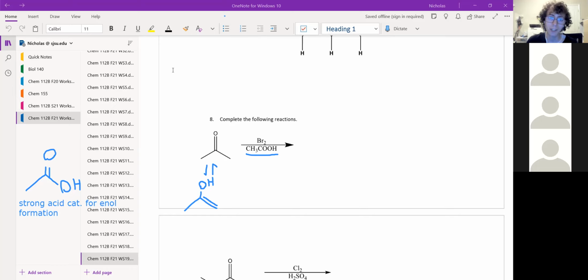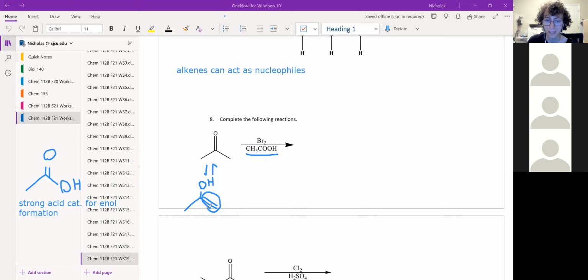And enols have alkenes. And you might remember from 112a that alkenes can act as nucleophiles. And enols are also going to act as nucleophiles because they have alkenes.